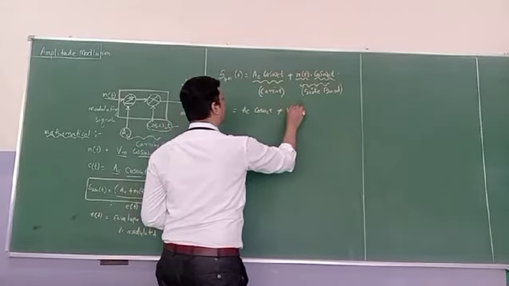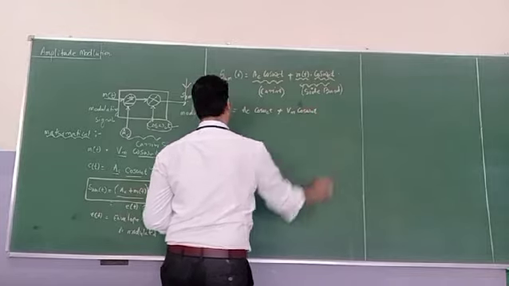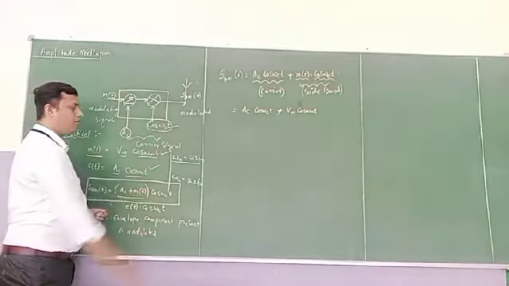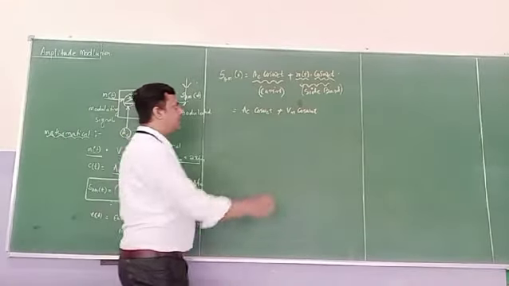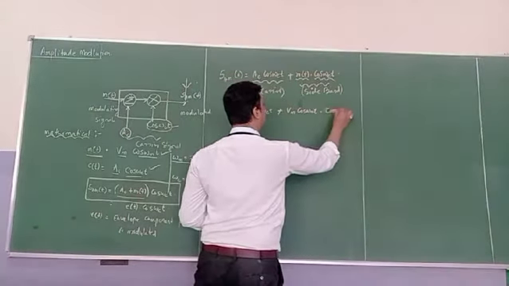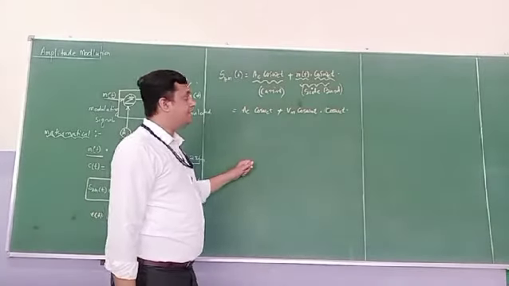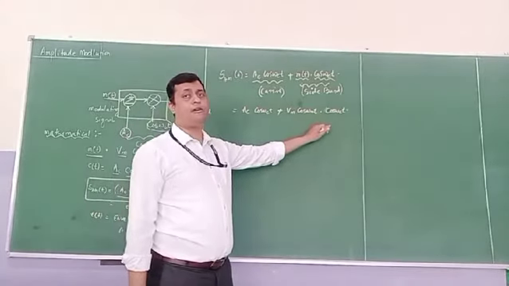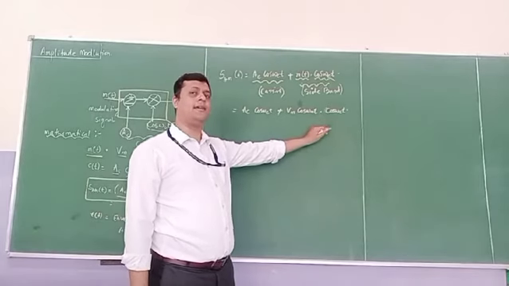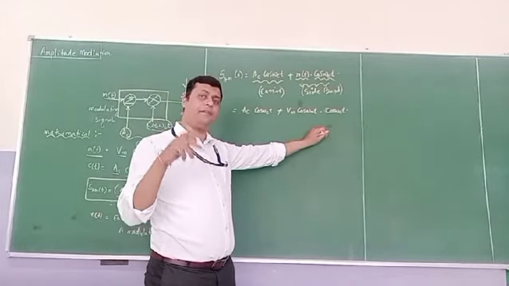m(t) I can write as V_m cos(ωmt), because we have considered m(t) as V_m cos(ωmt), which is multiplied with cos(ωct). Now you can see that both are in cos A cos B form. So cos A cos B can be written as half of cos(A plus B) plus cos(A minus B).